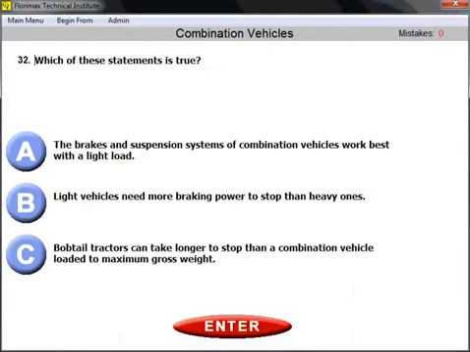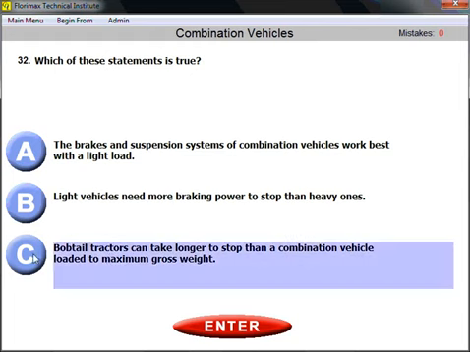Very good. Question number 32. Simple question. Which of these statements is true? You need to read through all three of them, and the correct answer here is C: bobtail tractors can take longer to stop than combination vehicles loaded to maximum gross weight.